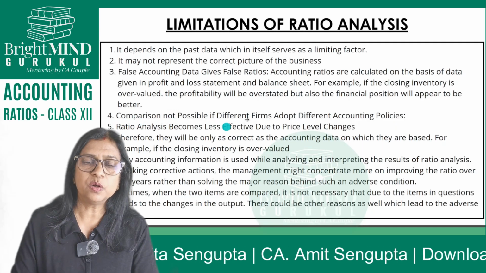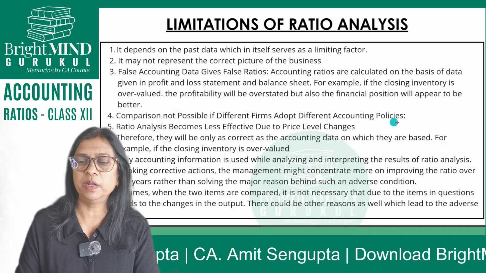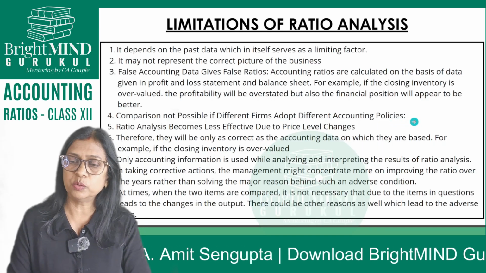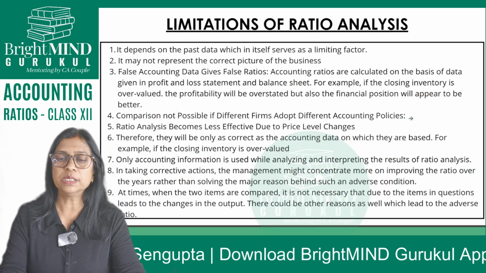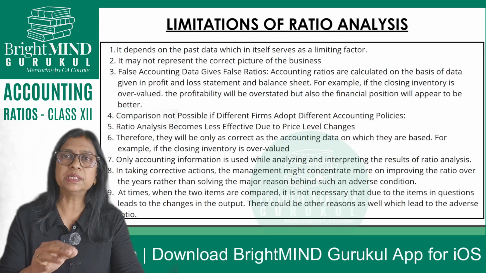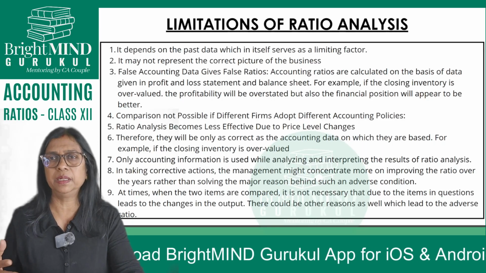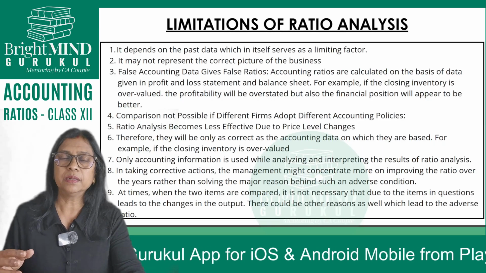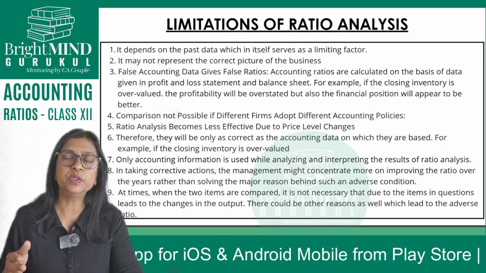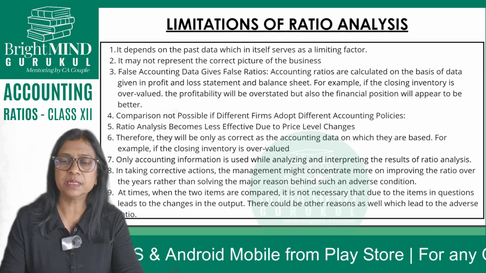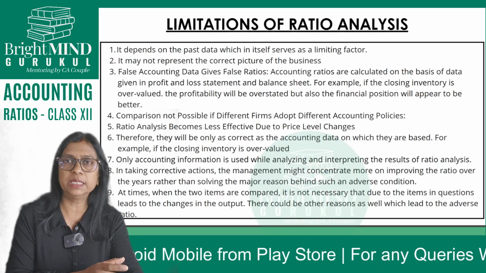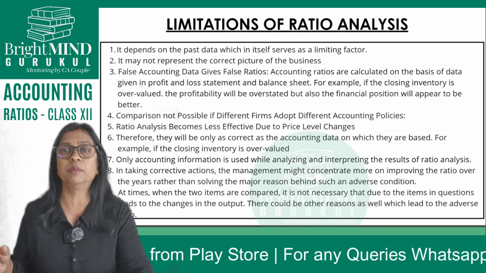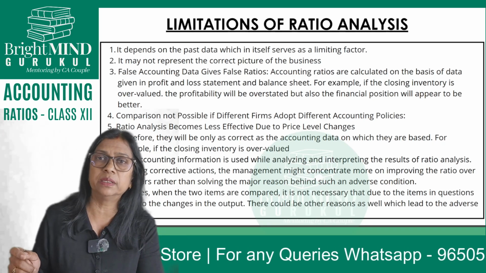Comparison is not possible if different firms adopt different accounting policies. This is also a problem because every business may have a different policy. I mean, not every business will be following different policies, but there are different policies which may be followed by businesses. Someone might be following the straight line method for depreciation, someone might be following the written down value method.